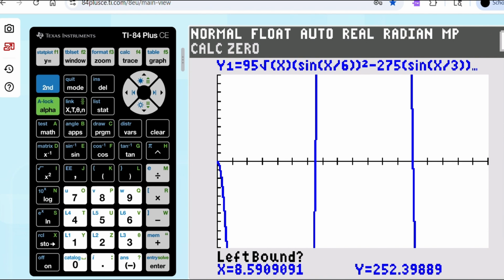So we're going to have to scroll to the left till we see our cursor. There it was. Since we want to be to the left of that intercept, we're going to hit enter. Now we're going to go to the right of that intercept, and hit enter. We'll hit enter a third time, and it's going to tell us that that is at 6.4948402.